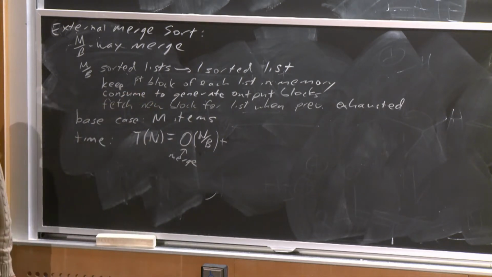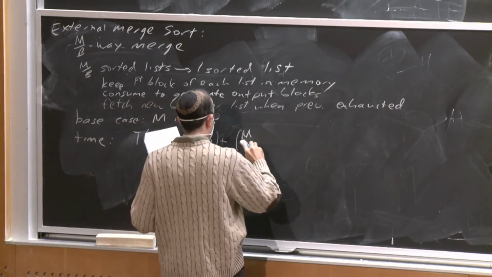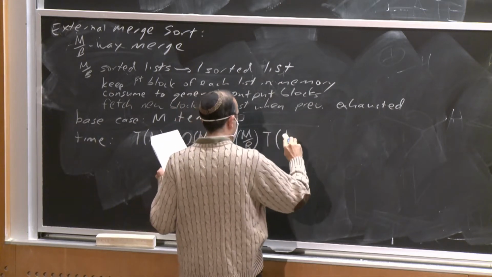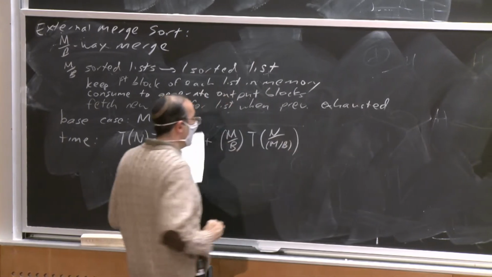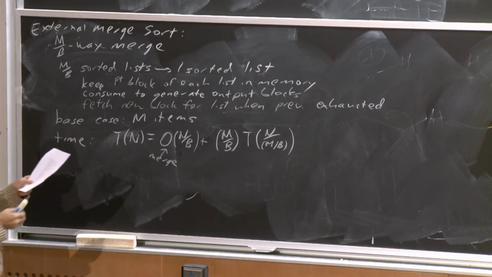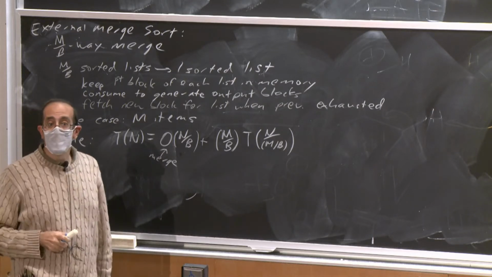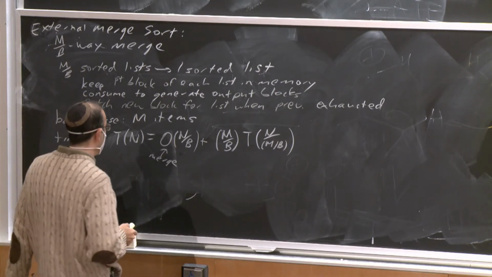Doing a merge is linear in the number of items that you're merging. And then there's the recurrence. I'm going to have m over b of these, and I'm going to need to recurse on things of size m over b smaller. And as we just discussed, we could actually go all the way down to size m.